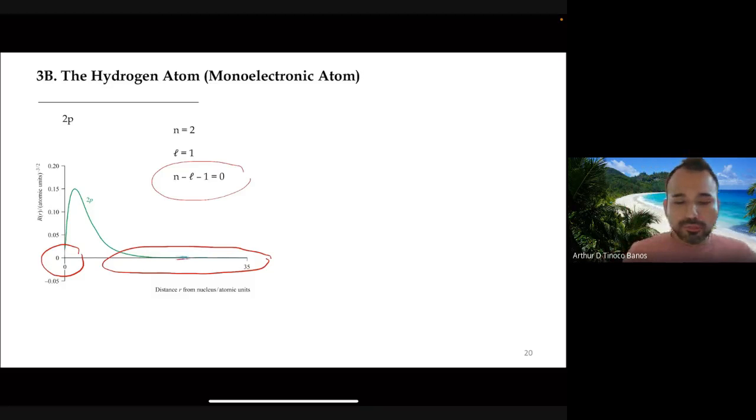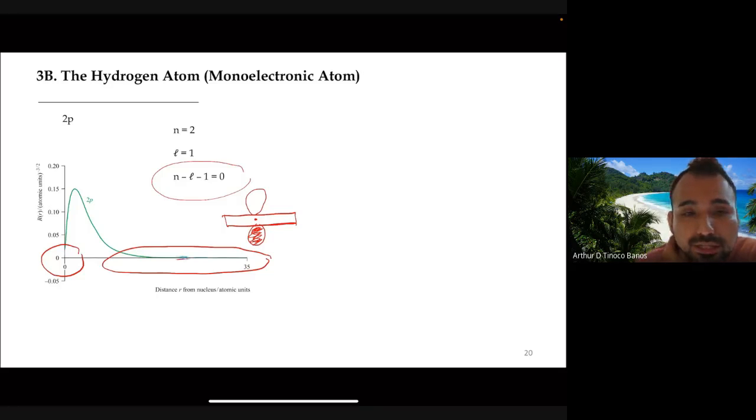So let's go a little bit more in depth. Let me just give you a drawing. Okay, and we'll look at this more closely. I'm shading in one of these lobes. So we have these 2 lobes, and in the middle, we have a dot. That middle represents the nucleus. But notice that there is a section right here where there is no electron density.